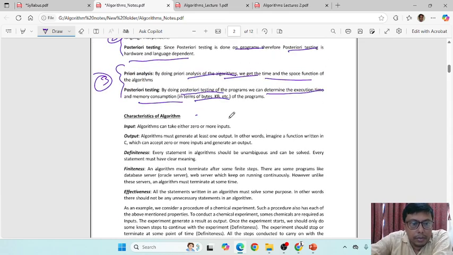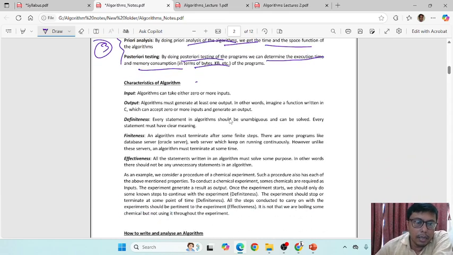Okay. Now with this, we come to another topic, that is the characteristics of an algorithm.